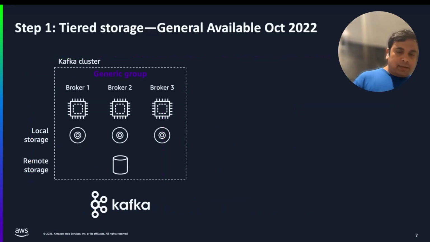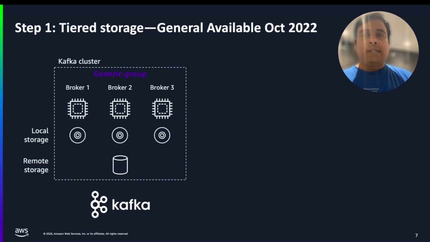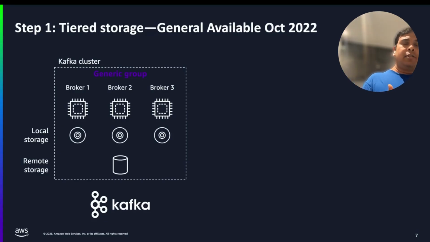So what's the story of Express Broker? To know that, let's go back to October 2022 when we released tiered storage. It was a phenomenal launch, and it allowed the MSK service to tier the storage layer.